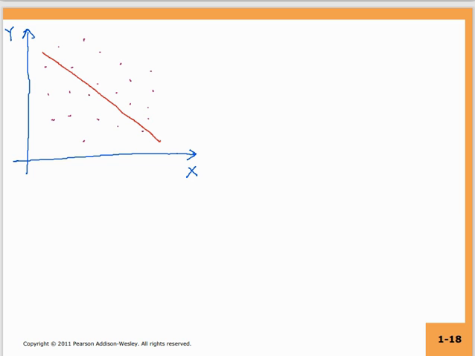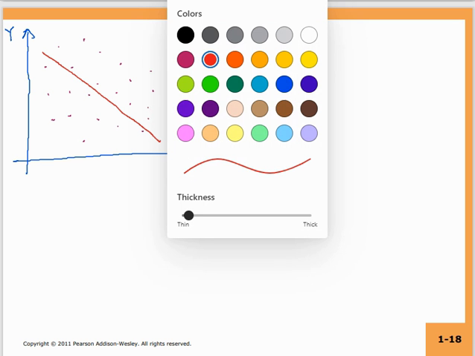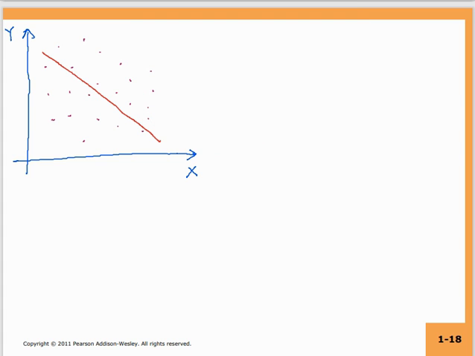If you had not built this regression line, or if you did not have any information about the independent variable, the best predictor of y in that particular case would have just been the average value of y.